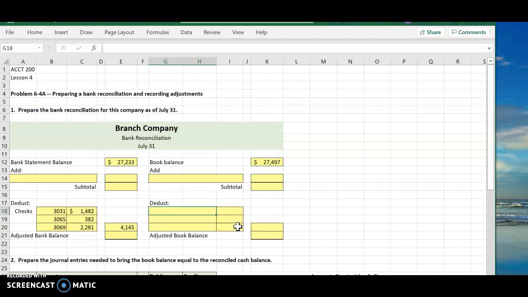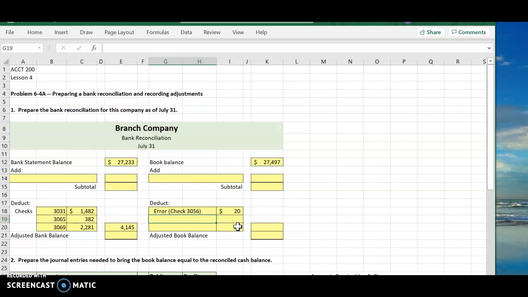It was supposed to be 1,270, and we recorded 1,250. So we'll say error in check 3056, and the amount of that error is $20. That could go the other way also. If we had recorded it as 1,310, let's say, but it was really 1,270, then we would add $40 to our book balance.